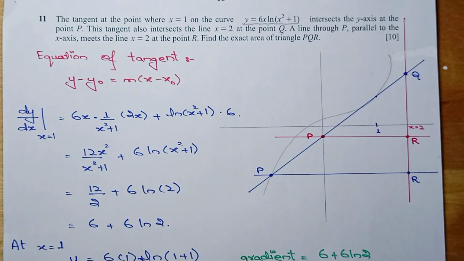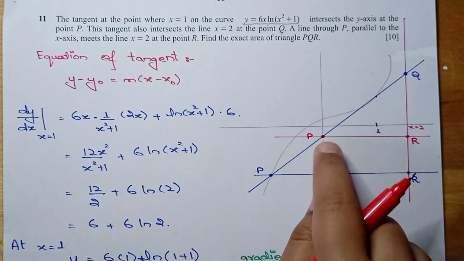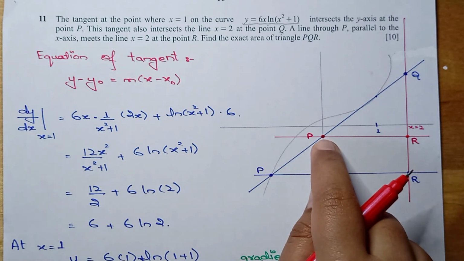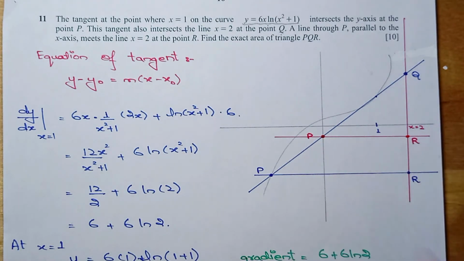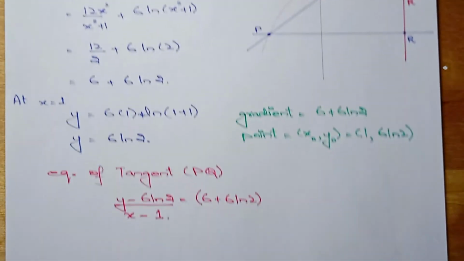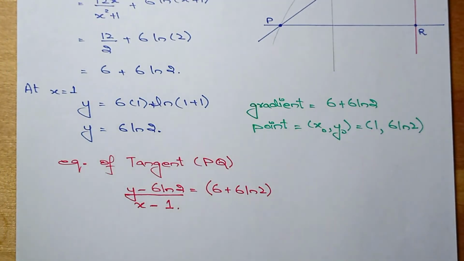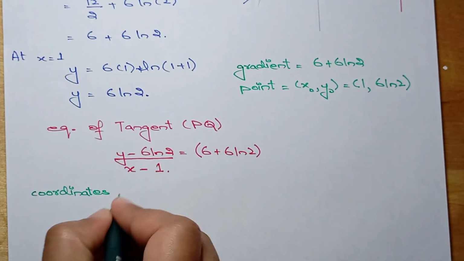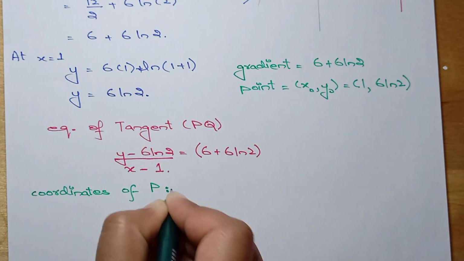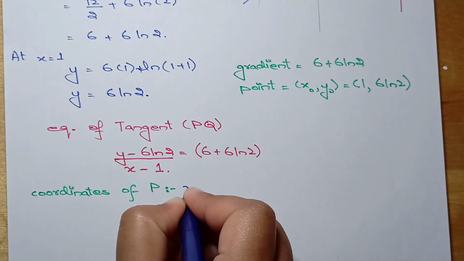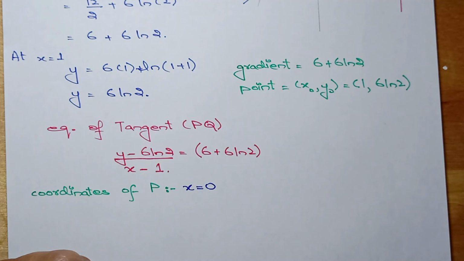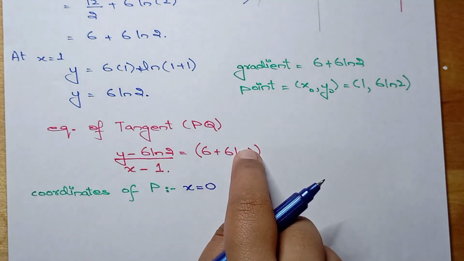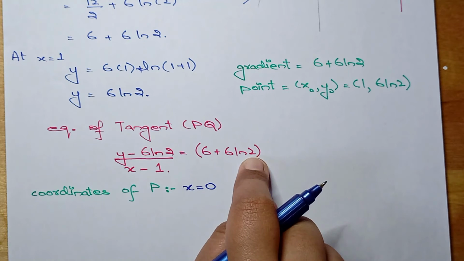So as we know that this tangent intersect y-axis at point P. When it intersect the y-axis, at y-axis the x value is equals to 0. So putting x equals to 0, we will get y. So that's the coordinates for P. So for coordinates of P, we need to put x equals to 0, because on y-axis x is equals to 0, and we need to put in this equation because PQ is this equation of tangent.